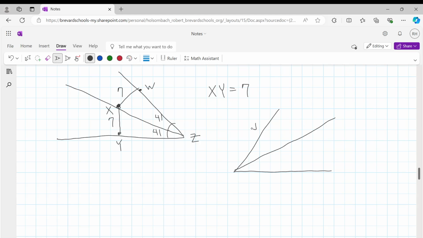You got point J here, L, and you've got M. Now you're told that J to L is congruent to L to M. You're given this angle down here is 37 degrees, and you're asked to find the measure of angle JKL.